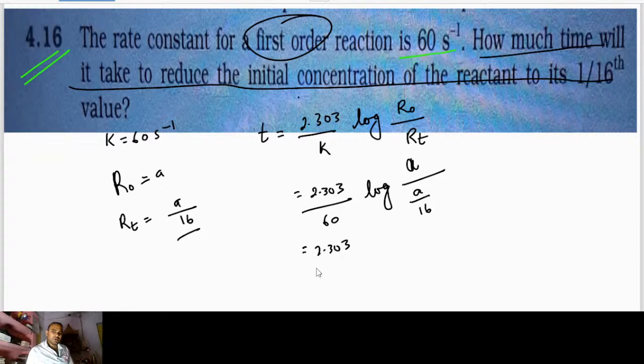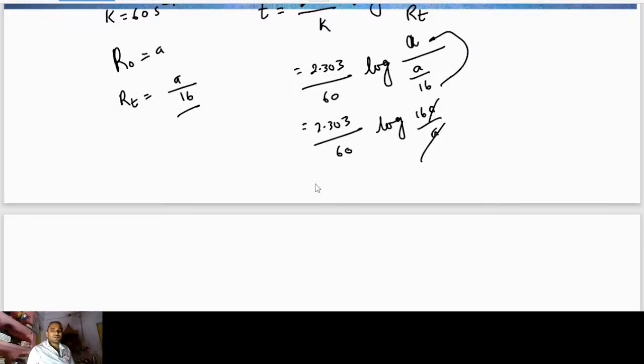So 2.303 divided by 60 and log. Whatever is in the denominator will go in the numerator, so 16 A by A. A will be cancelled out, student, right? So 16 is left: 2.303 upon 60 and log 16.